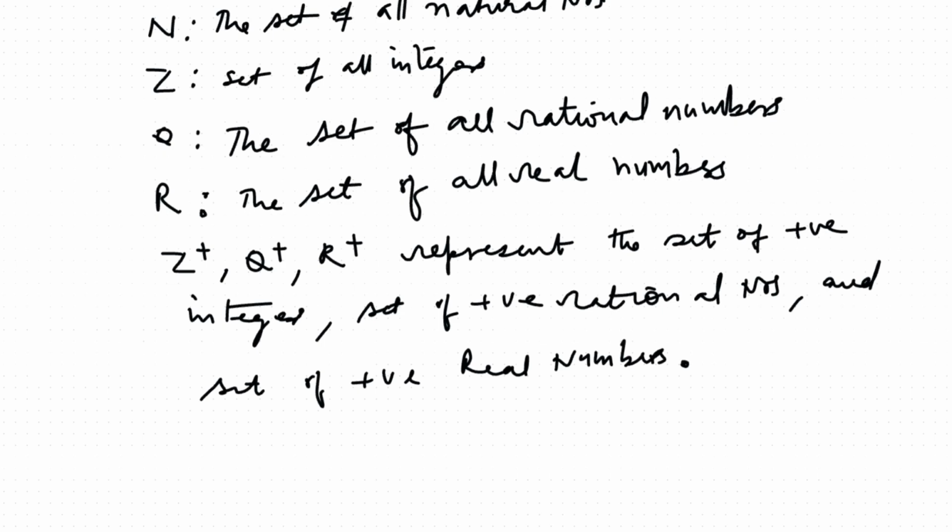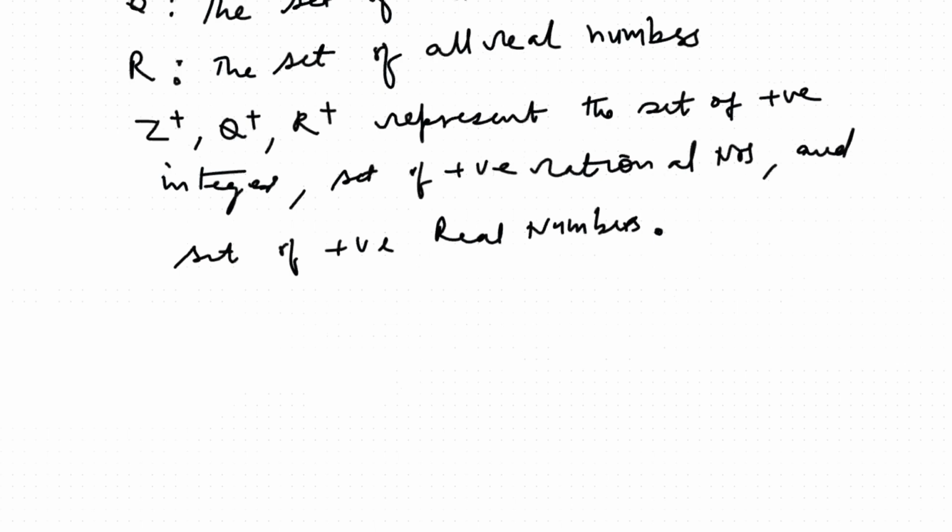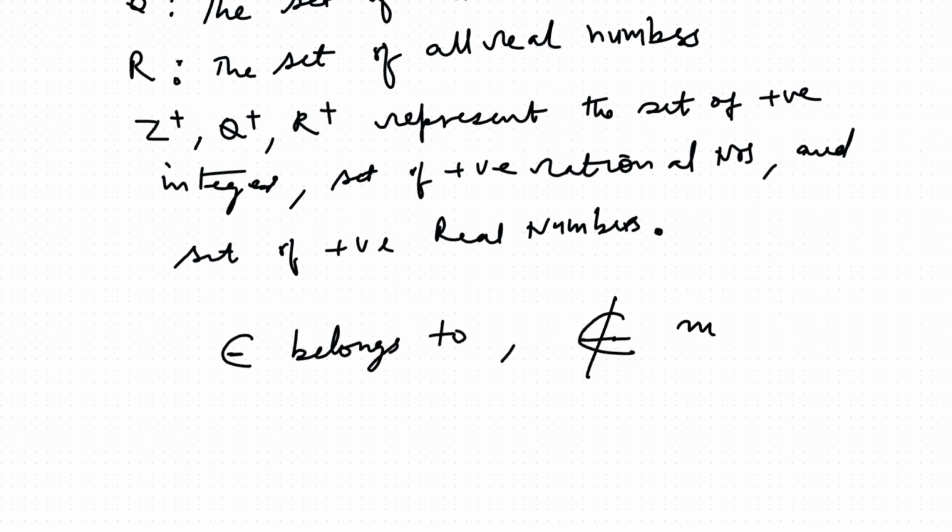Now let us put up a symbol, and this symbol is a Greek symbol called belongs to. Also, suppose something does not belong, we will write it like does not belong to.